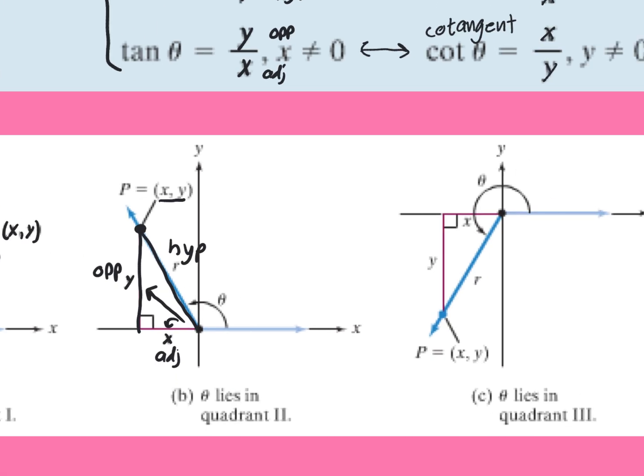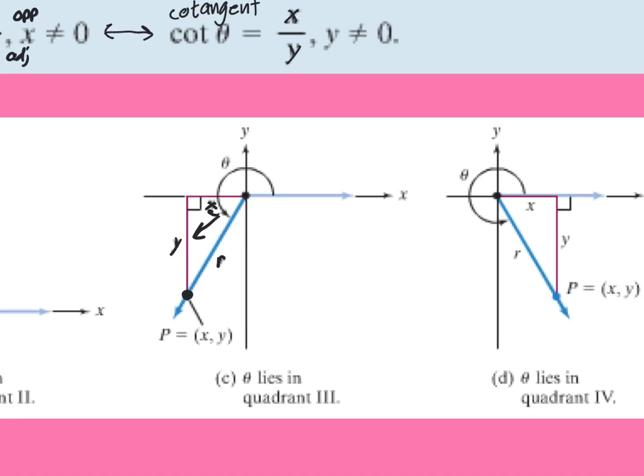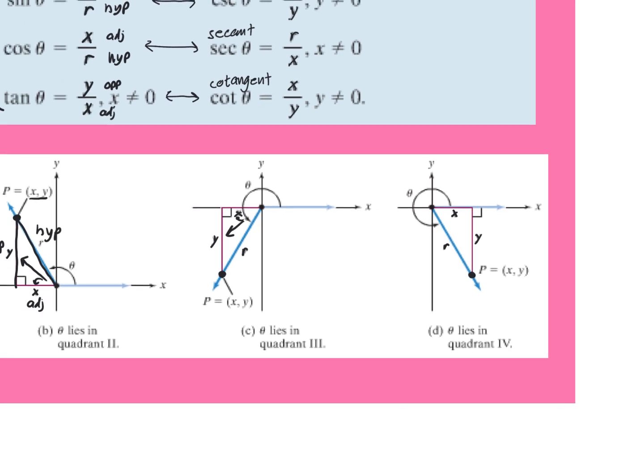And then notice, if you look in the third quadrant, it's the exact same thing, right? There's a little point right here, all right? And then you see that even if you go in the third quadrant, the opposite side is y, the adjacent side is x, and the hypotenuse is r. And in the fourth quadrant, exact same thing, right? If you draw an angle in the fourth quadrant passing through this point, the y coordinate would be the opposite, the x would be the adjacent, the r the hypotenuse, all right?